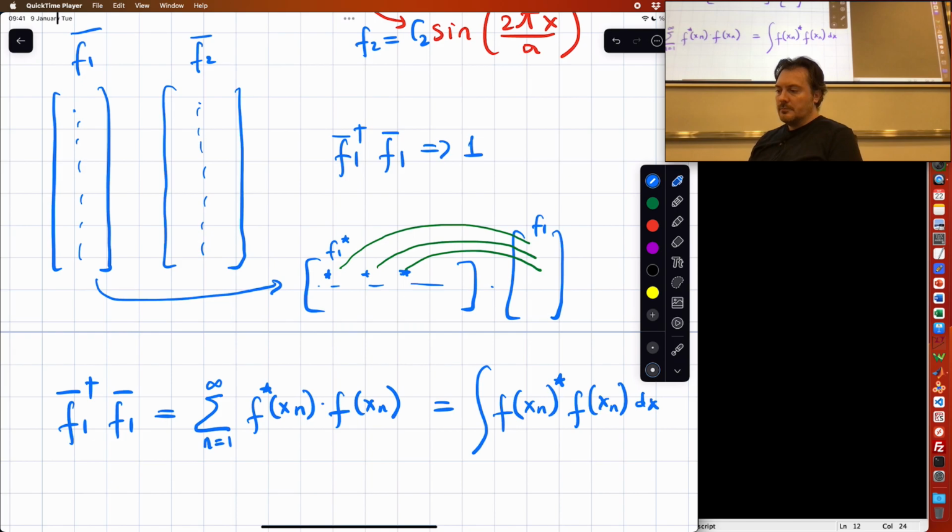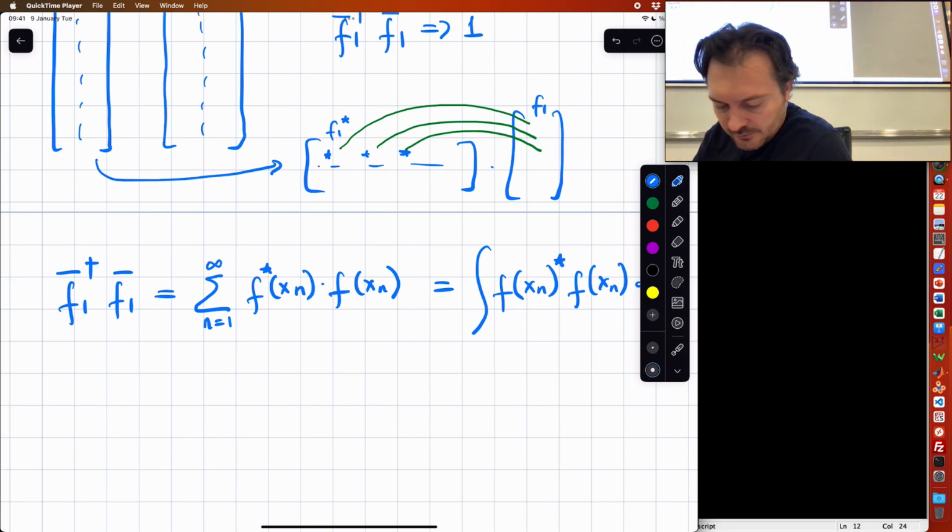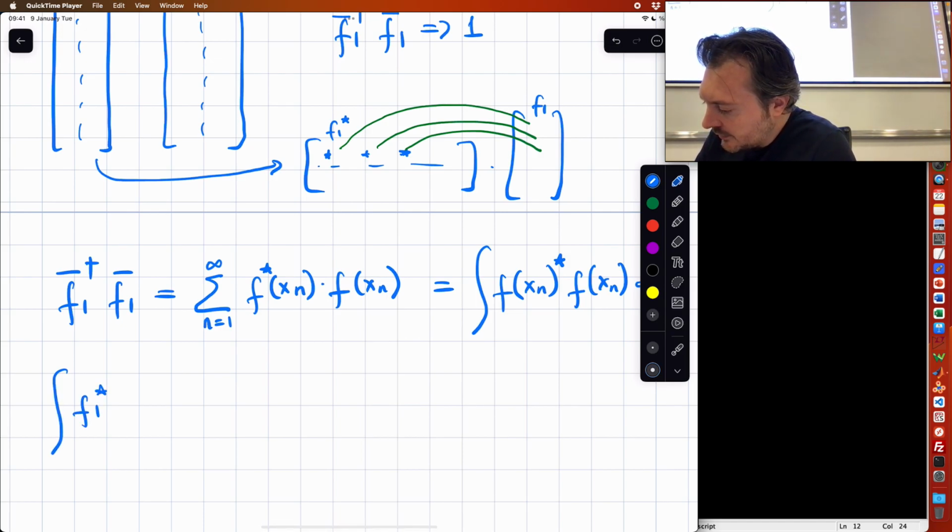So we have reached this conclusion that we can represent this orthogonality or orthonormality, the normalization and being perpendicular, in terms of an integral. So let's integrate this. Let's integrate f1 star f1 dx from 0 to a.